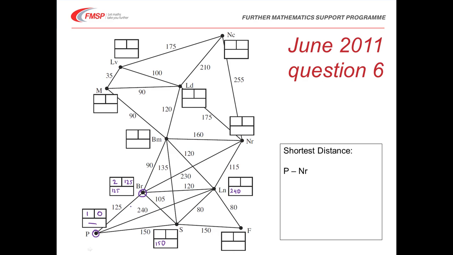Imagine you're at that point at this moment. Where can you get to from there? And your distance will be 125 plus the edge length. 125 plus 90 takes you to what I think is probably Birmingham, so that's 115. 125 plus 230 takes you over here, so that's 355.